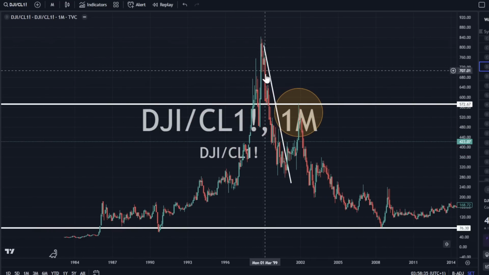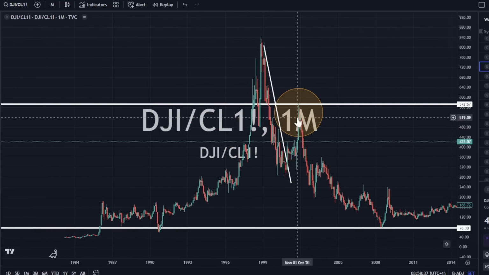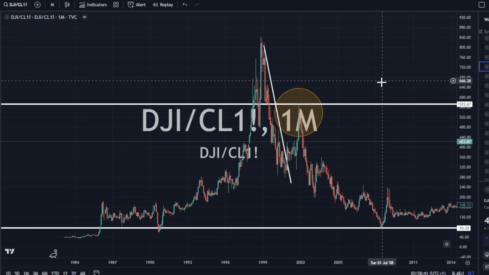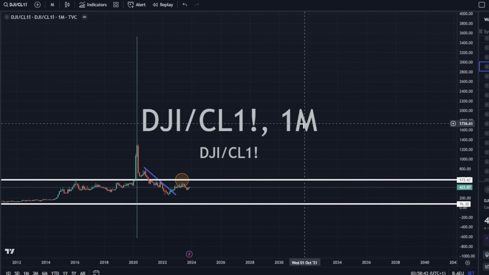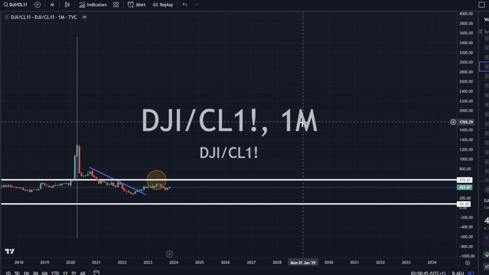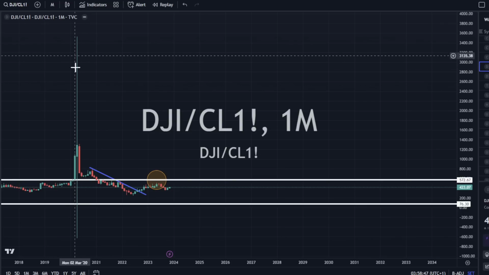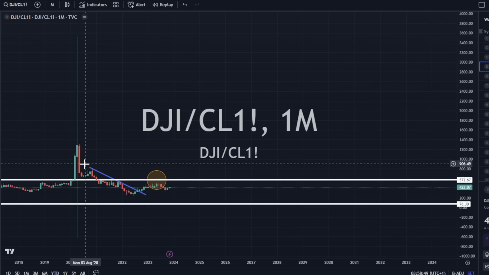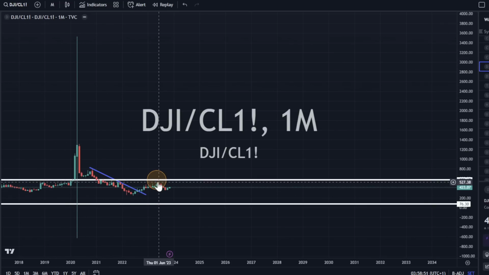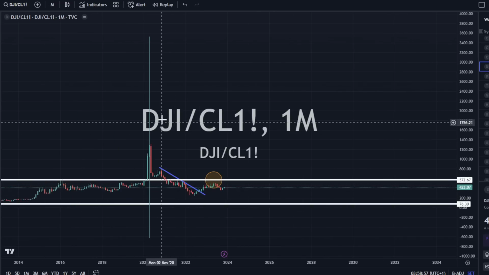So we came on down with crude oil outperforming. We broke that downtrend line. We came back up, and then we compressed further. What we're going through right now is basically the same thing. We got this large negative price movement, but we came on down, we broke it, did a retest, and now we're compressing back down further to the downside, where crude oil is going to outperform the Dow.